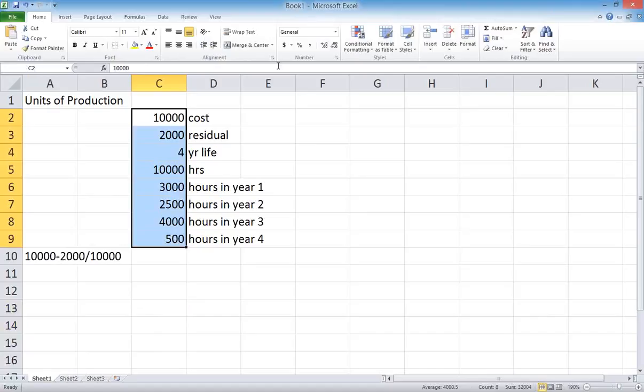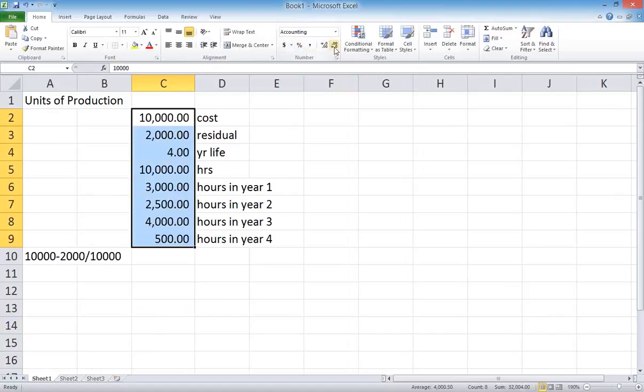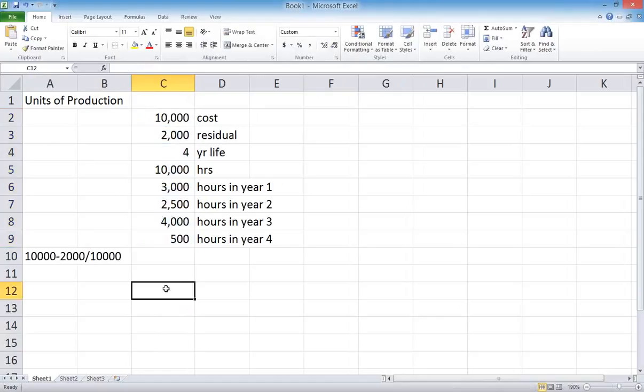What I need to do is put commas in. Okay. So to get my unit cost, that would be the formula: cost minus residual, divided by the number of hours.